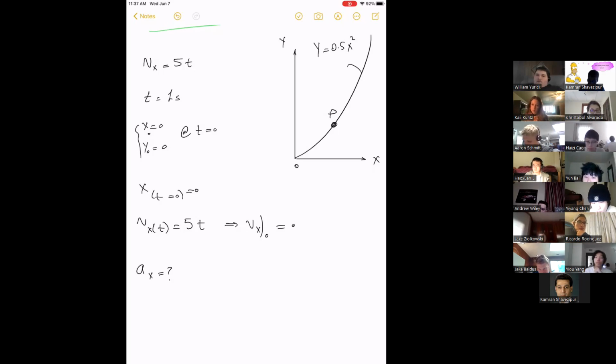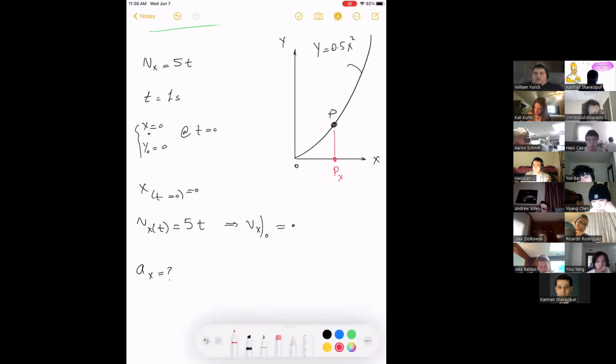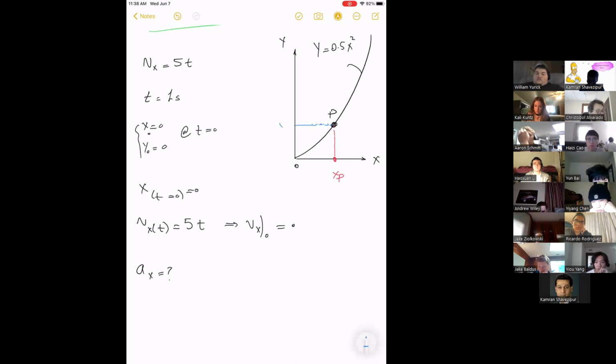Yes, remember I said the way we look at this, if you project the position of P here, we can call this Px or x of P. And then if we project in Y, it looks like we have a particle moving on a straight line in the X and Y directions, right?